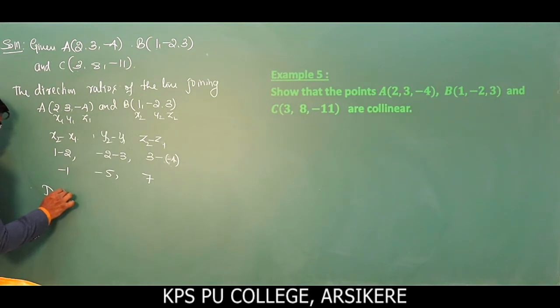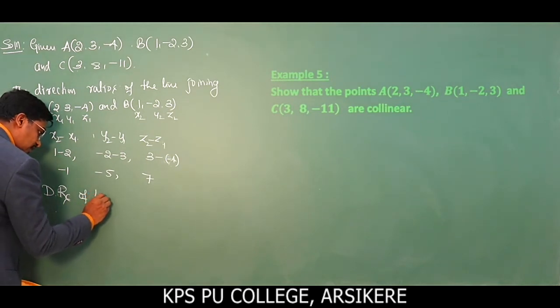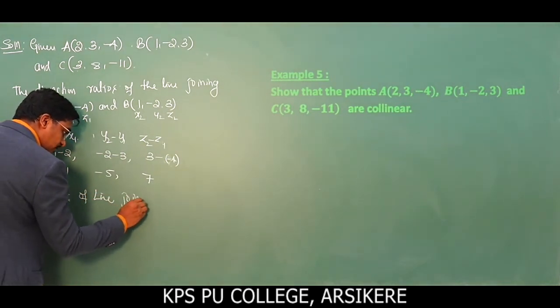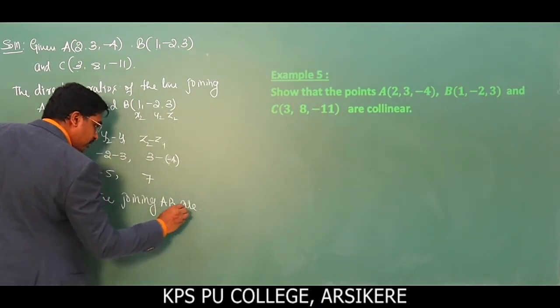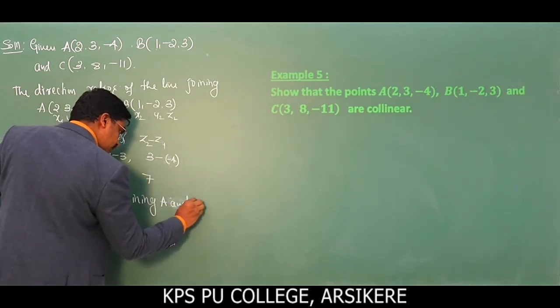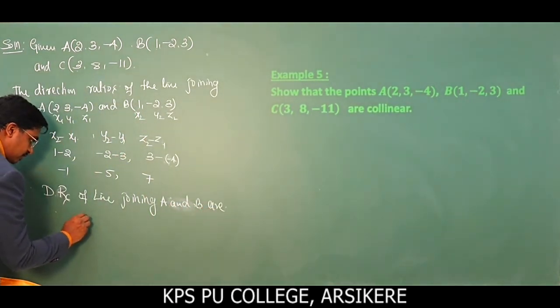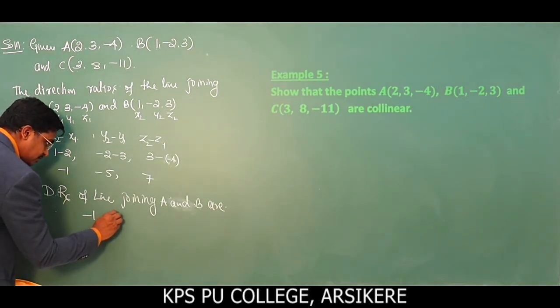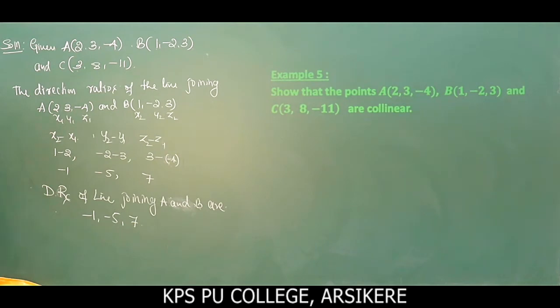Therefore the direction ratios of the line joining the points A and B are minus 1, minus 5, 7. Okay, and what about the second one?